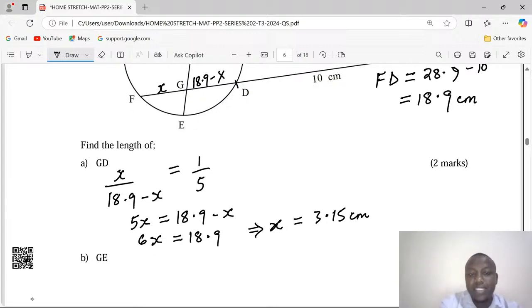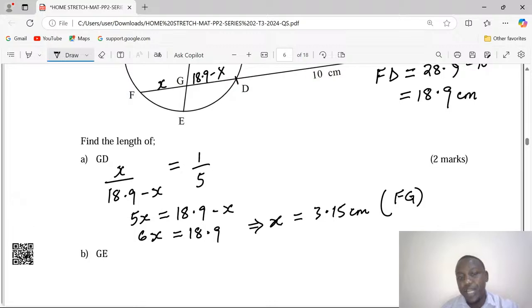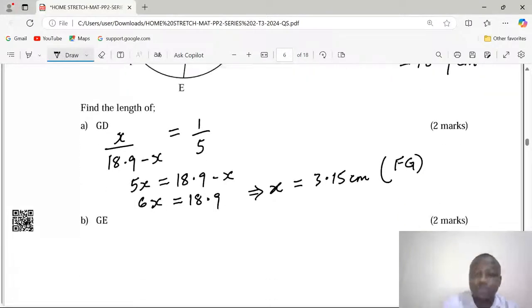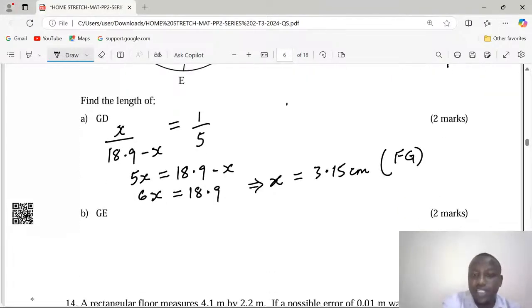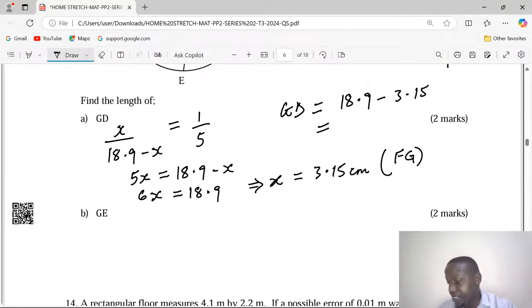Now remember, x is the length FG. So for us to get GD, we need to take 18.9 minus x. Then this is exactly going to be 15.75.